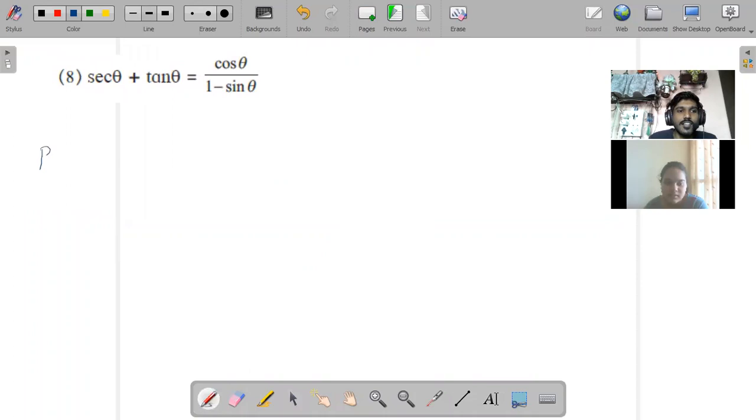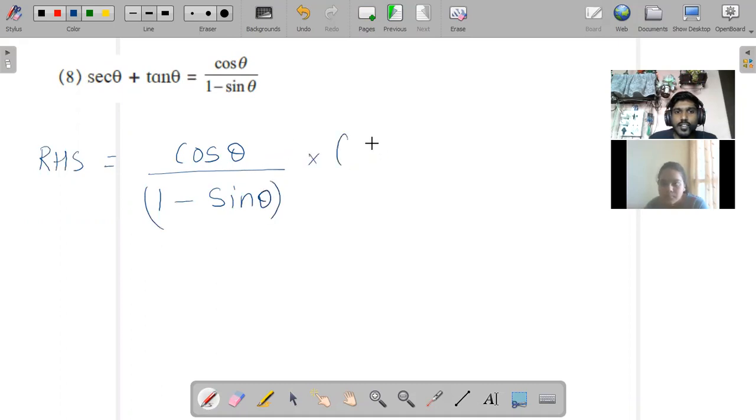So you said they took the right hand side, cos theta upon 1 minus sine theta. And here in the numerator, they multiplied with 1 plus sine theta. Now in the numerator, if they did 1 plus sine theta, same thing has to be done in the denominator. 1 plus sine theta.